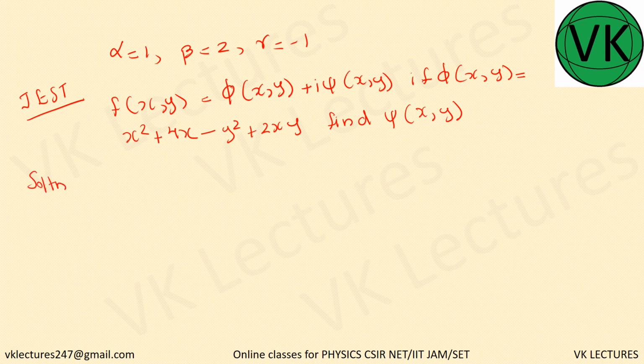Solution: dou phi by dou x is equal to 2x plus 4 plus 2y.